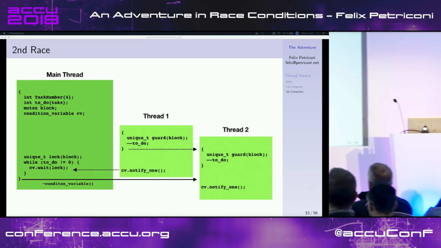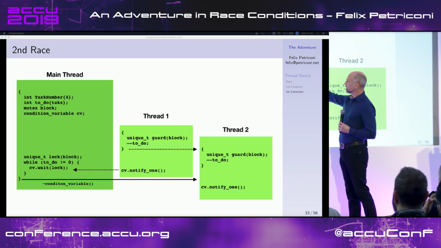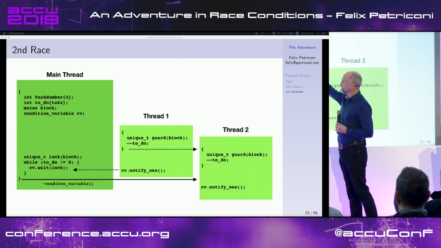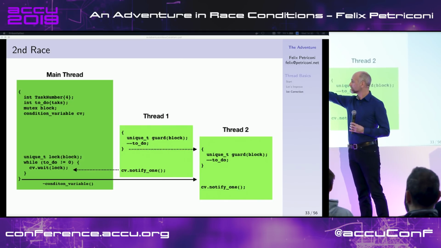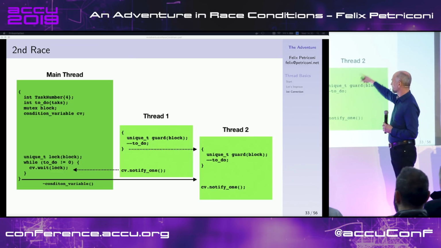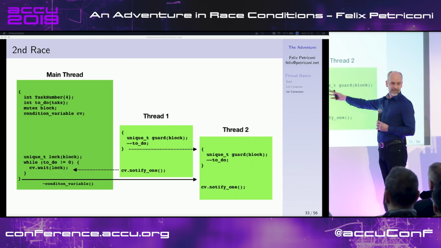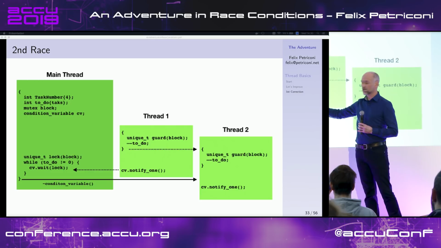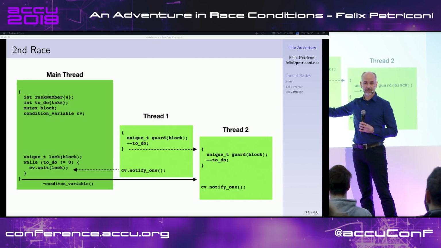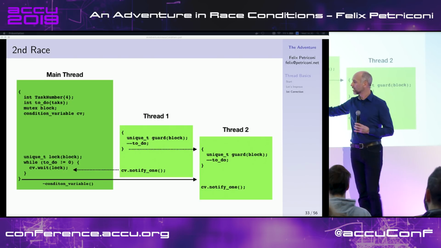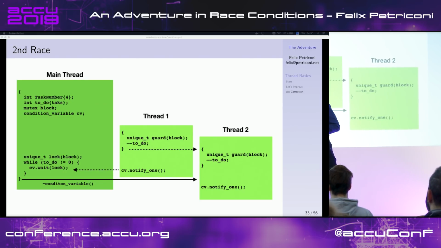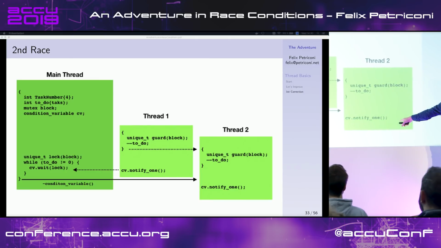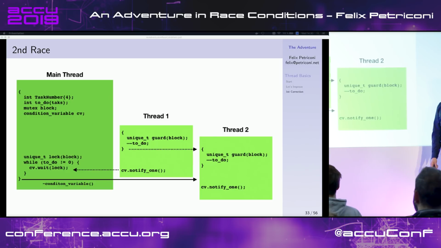In thread 1, the thread did the decrement. In the second thread, we did a little bit later a decrement as well. Then, from this thread, the notification for the main thread happened. So we proceed here. And at this point, when we leave here, the condition variable is destroyed. And then here we have a nice crash.